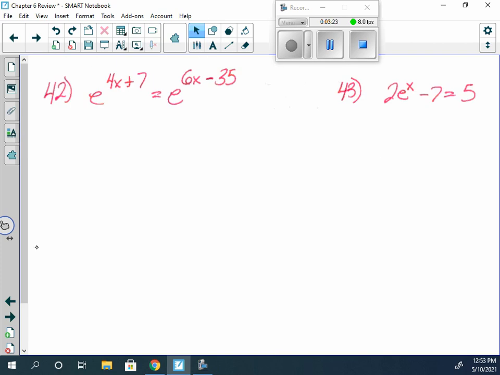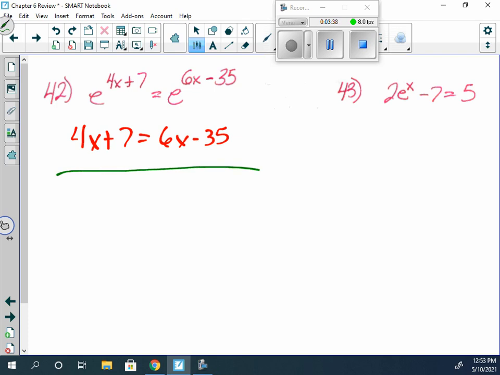42 or 43? Since the bases are already the same, yes? We can set the exponents equal to each other. Then we can solve for the value of x.